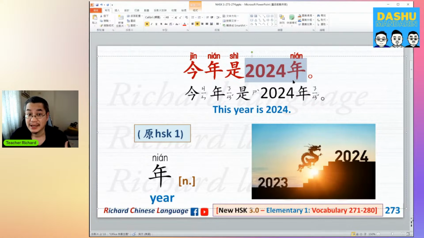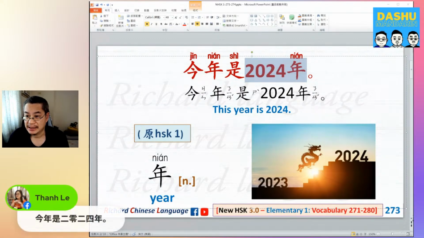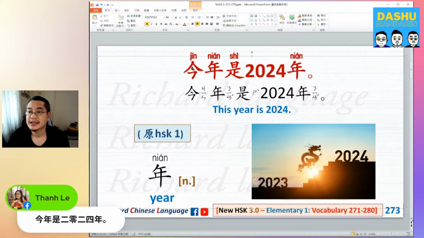That's the way we say year in Chinese. 今年是2024年. In English, we say it in different ways, right? But in Chinese, we say every number individually.